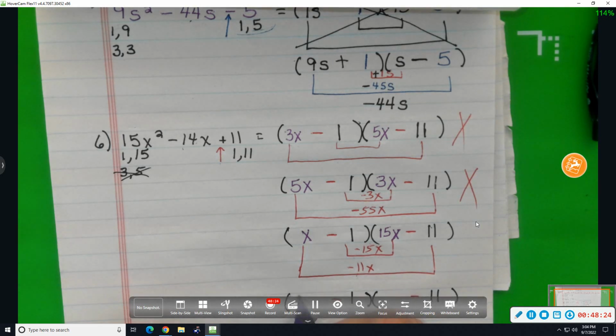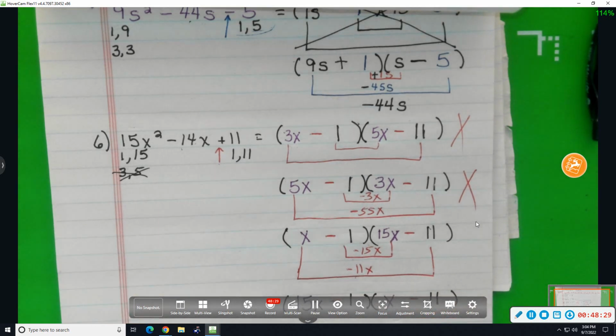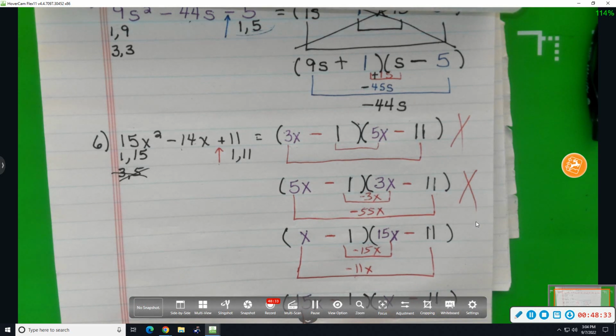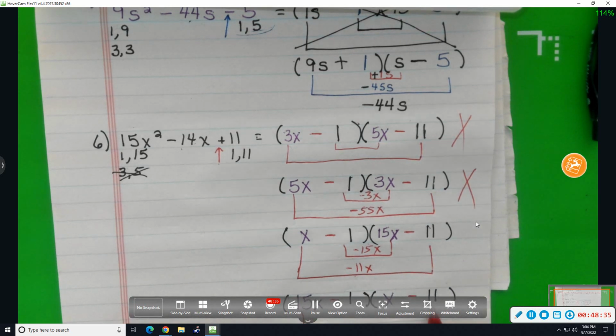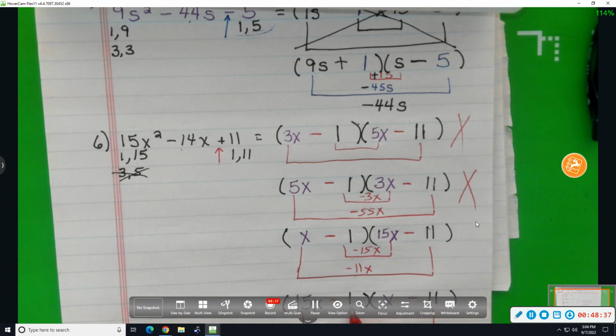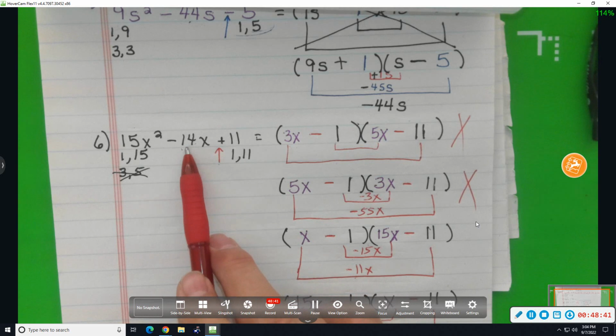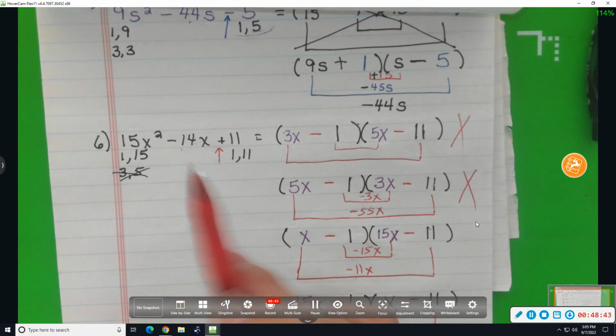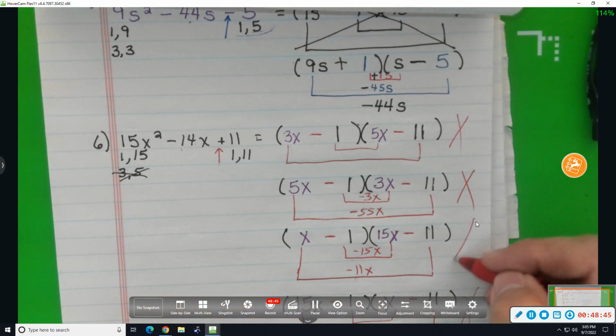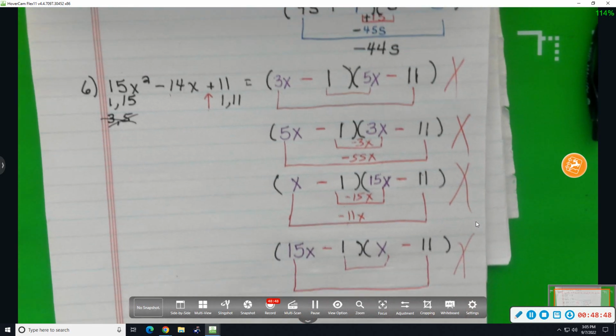And put them, this one definitely. Do we even need to try it? I mean, do y'all need to punch into your calculator 15 times 11? Or can y'all decide, yeah, this is not going to give us a negative 14x? Oh, wait. Oops.